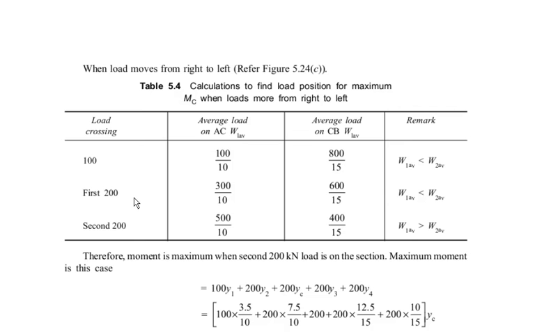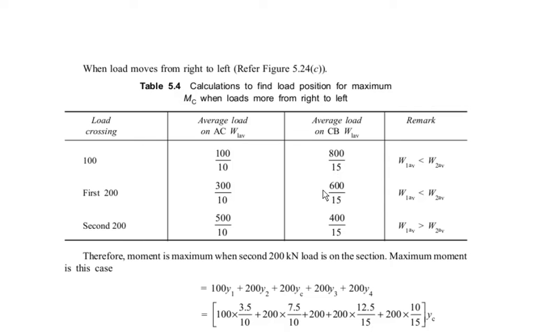So that is the remark. So the next load is crossing the section C. So now this 200 also is in the portion AC. So the average load on AC will be 100 plus 200 equal to 300 divided by the length of the portion AC, which is 10. So all the remaining loads will be on the portion CB.